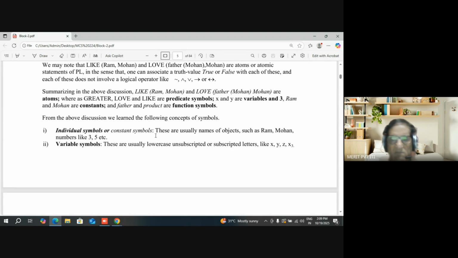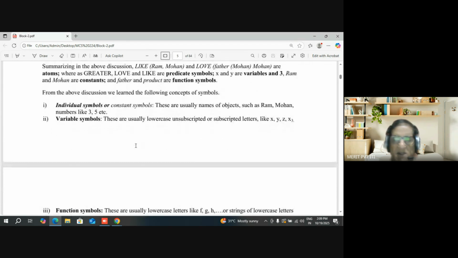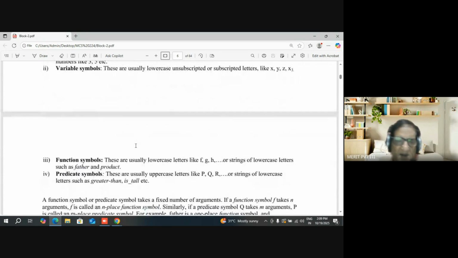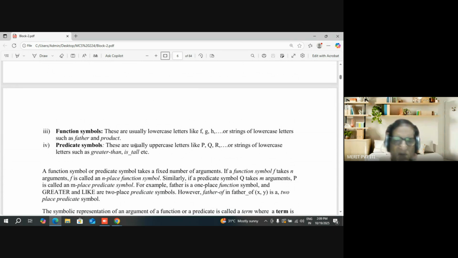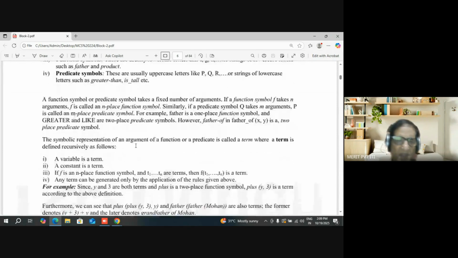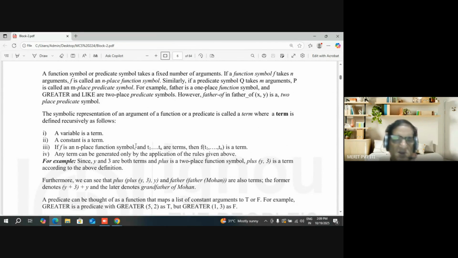These are usually names of objects such as Ram, Mohan, numbers 3, 5, etc. Variable symbols are usually lowercase letters like x, y, z, x1, y1, z1. Function symbols are f, g, h, and predicate symbols are usually uppercase letters like P, Q, R, or words such as greater than, is tall, etc.